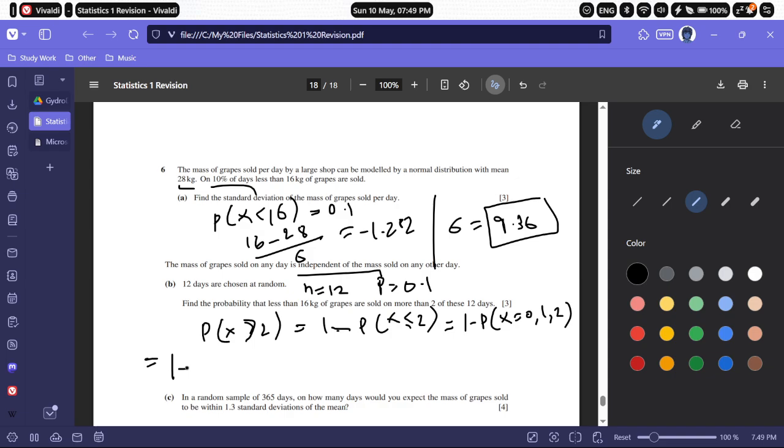So 0.9 raised to 12, plus 12 times 0.1 times 0.9 raised to 11, plus 12C2 times 0.1 squared times 0.9 raised to 10. That's 1 minus 0.8891, which is 0.11.